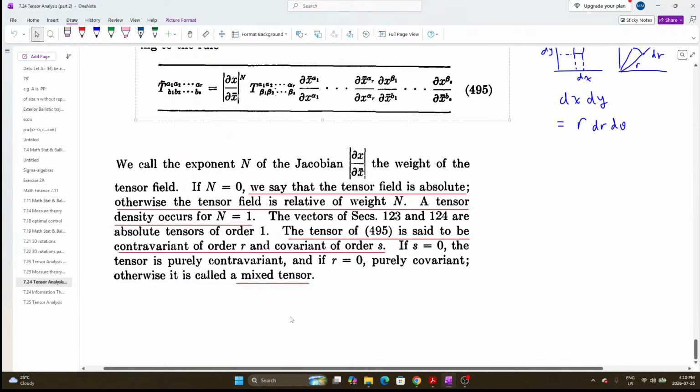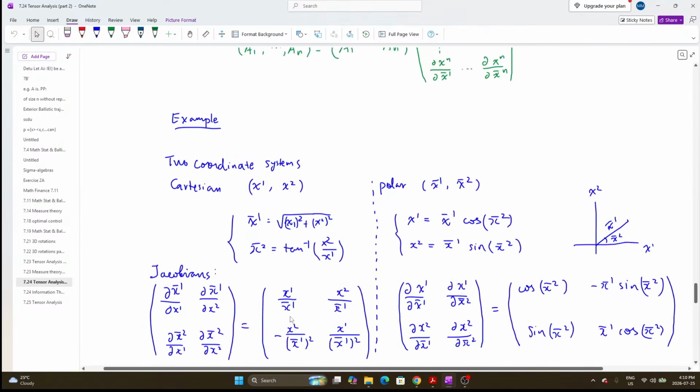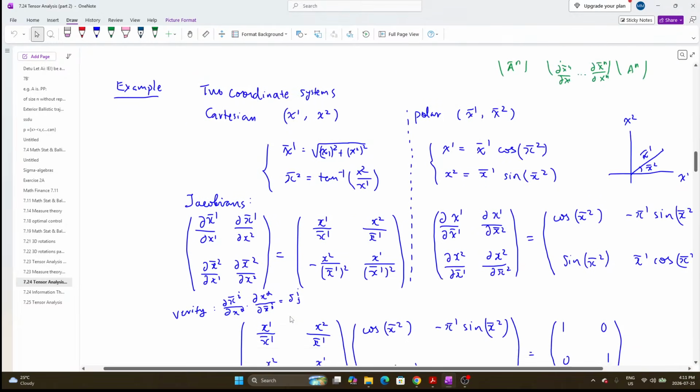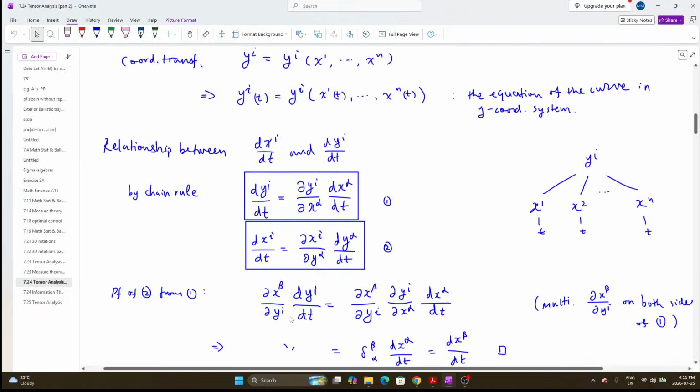One thing perhaps worth noting. We introduced these two transformation laws yesterday by considering two kinds of geometric objects.